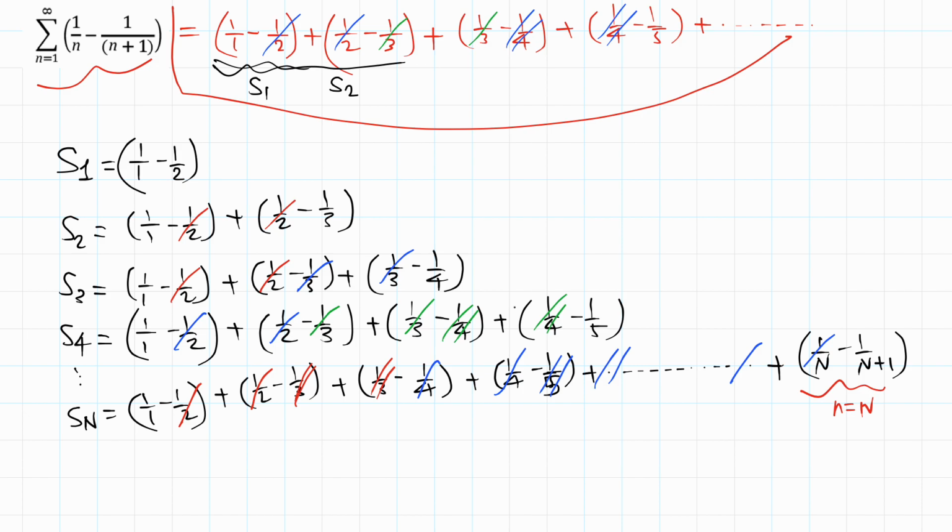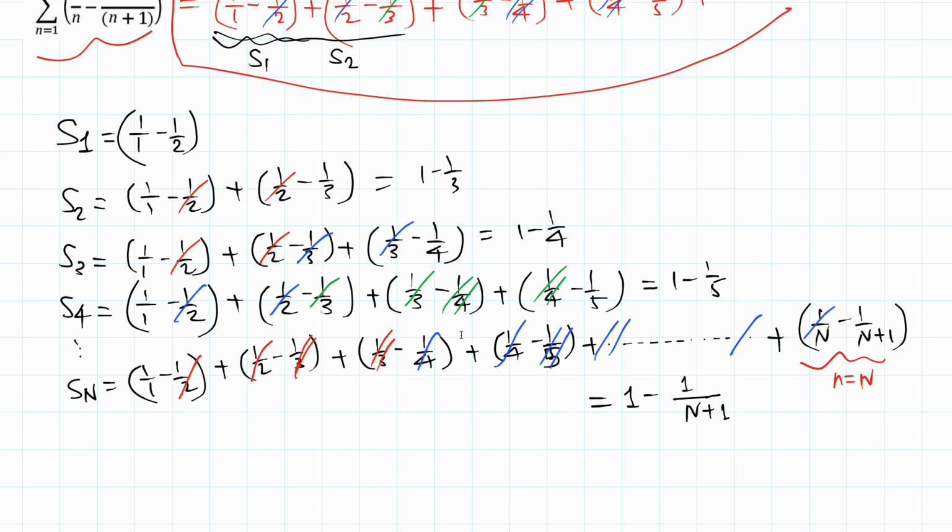Like in the previous cases, only the first term, which is 1 over 1, just 1, and the very last, minus 1 over n plus 1. Only these two terms survive. We can confirm: look here, there's 1 minus 1/3, here 1 minus 1/4, here 1 minus 1/5. So Sn is 1 minus 1 over n plus 1.